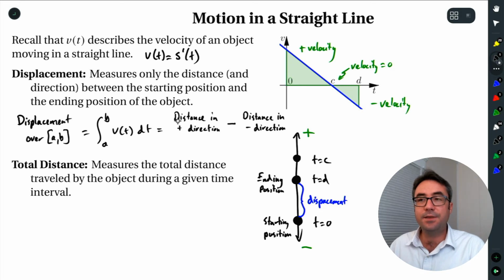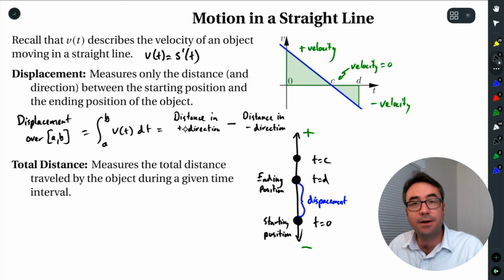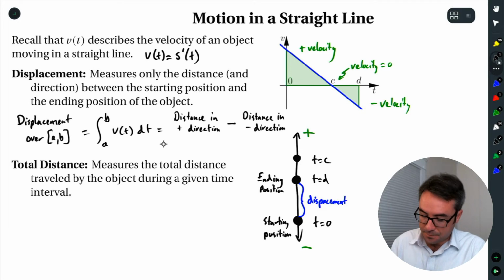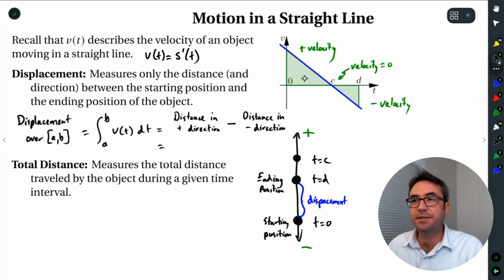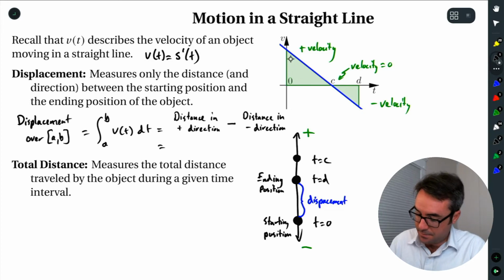Now, we can think of this in terms of area under the curve. If we look at our velocity function here and calculate the area for this shaded region, that's just the area above the horizontal axis.